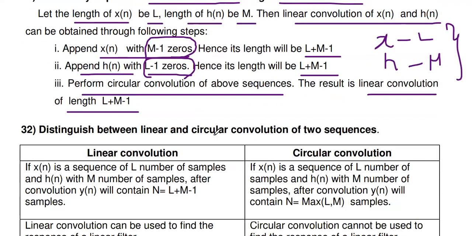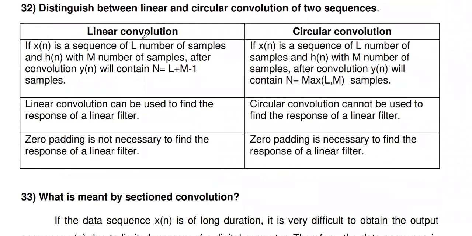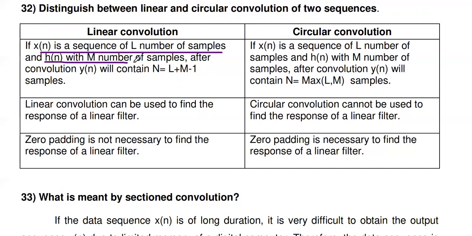Then the next thing: distinguish between linear and circular convolution of two sequences. In linear convolution, if the x of n sequence has L samples and the h of n sequence has M samples, after convolution the output y of n will contain L plus M minus 1 samples.